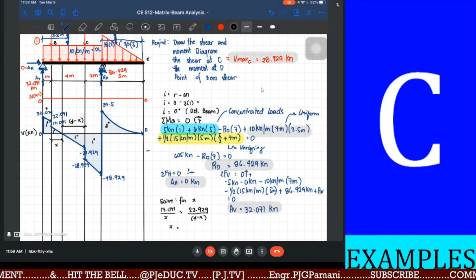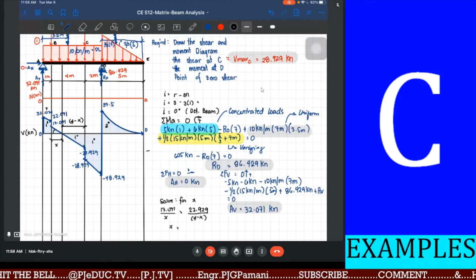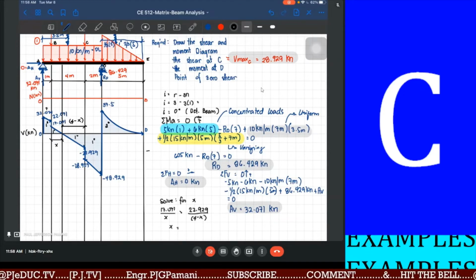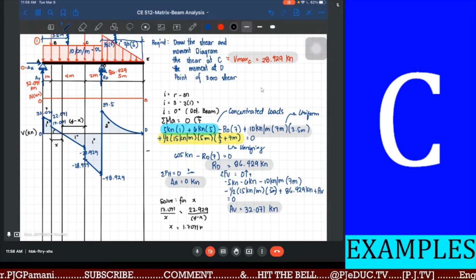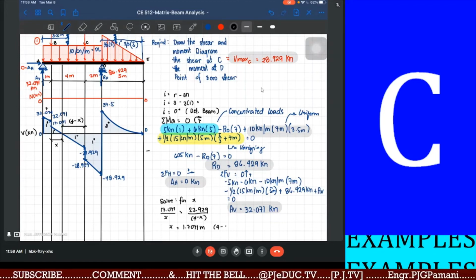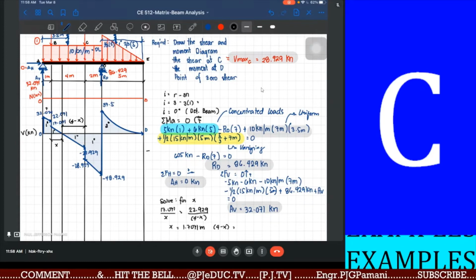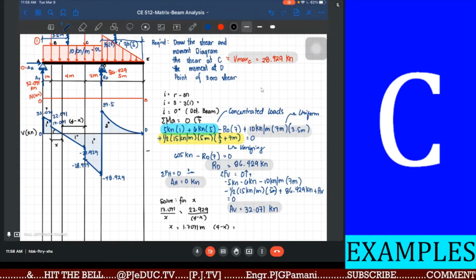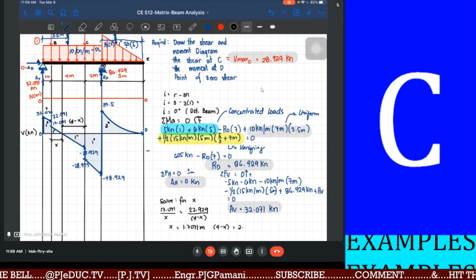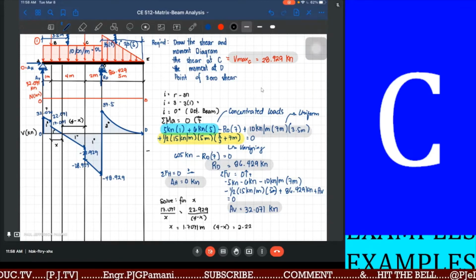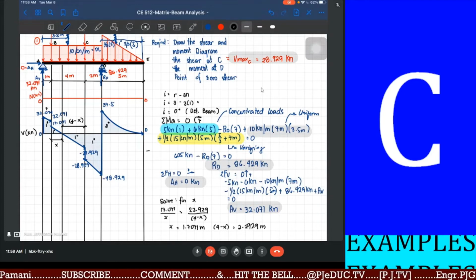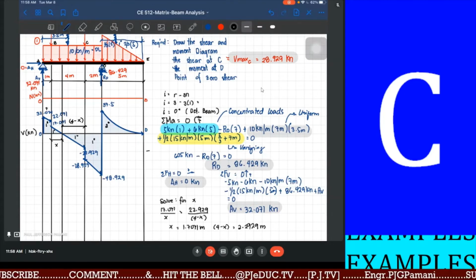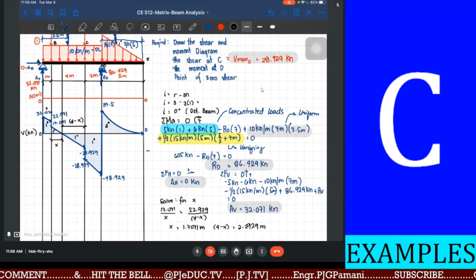X is now equal, for us to be able to solve the area of that triangle, 1.071 meters, while 4 minus x is equal now to 2.2929 meters. Okay? I hope nakuha nyo yung ratio and proportion.